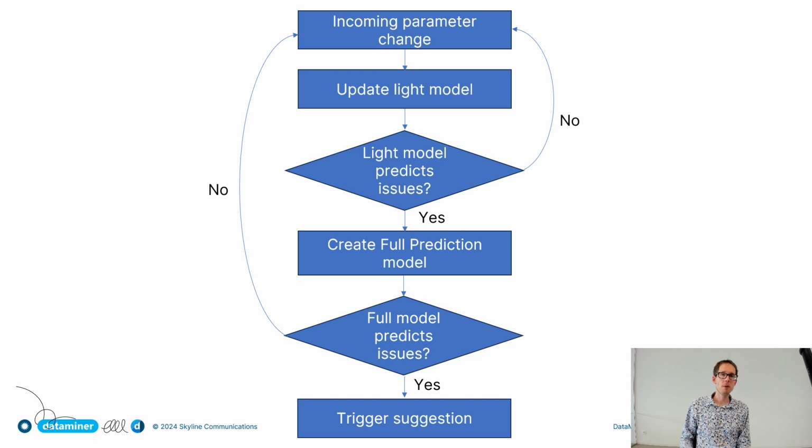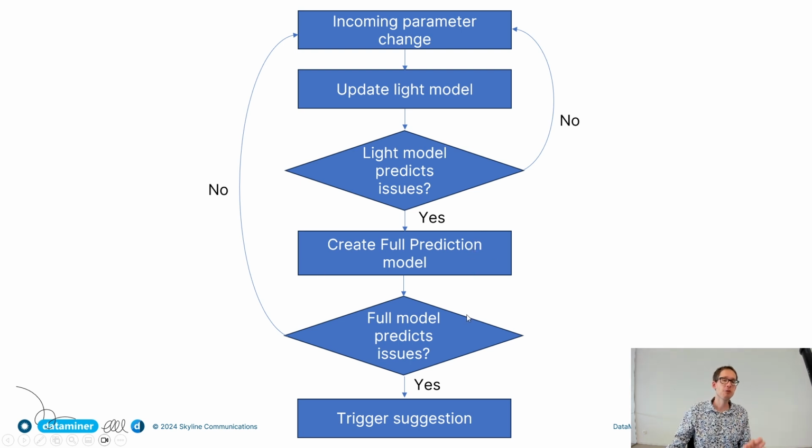Well, whenever a parameter change comes in, we're going to update the light model first. If this does not detect an issue, then okay, that's it. We wait until the next parameter change comes in. If this light model predicts an issue though, then we're going to train our full prediction model, the one we discussed last week.